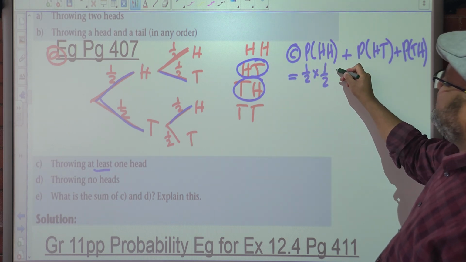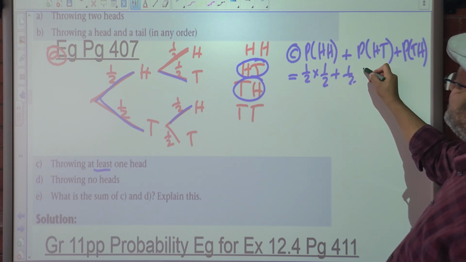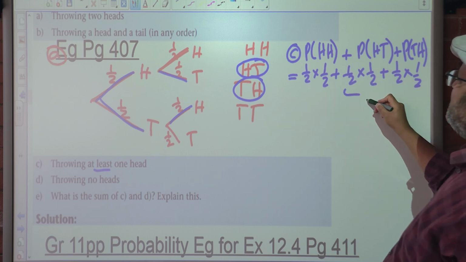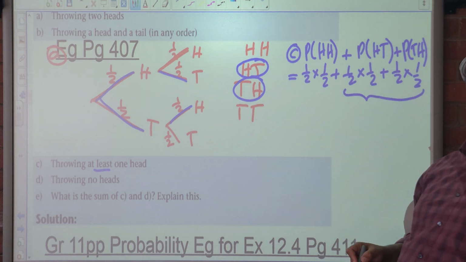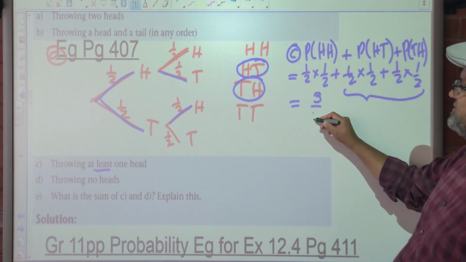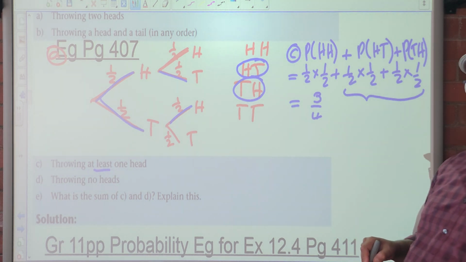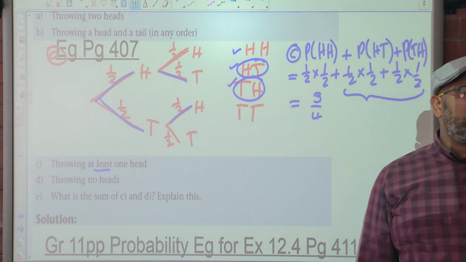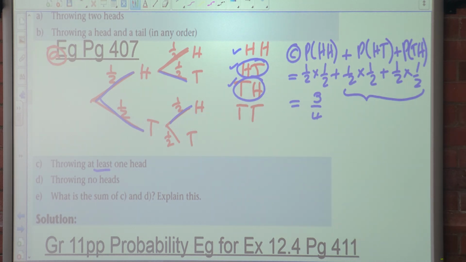Half times half plus half times half plus half times half. But we know this is a half already, not so? And half plus a quarter is 3/4. Okay. Or we can say that, and that, 3 out of 4. You can do either or.